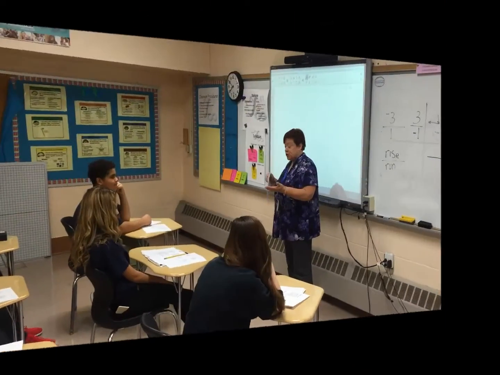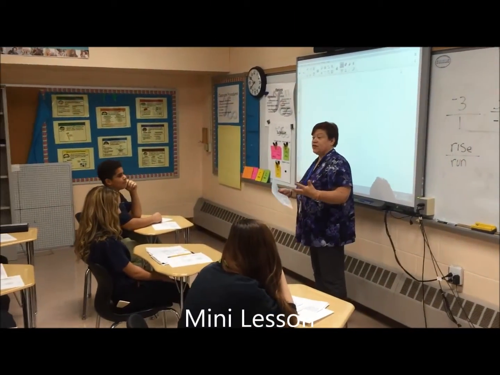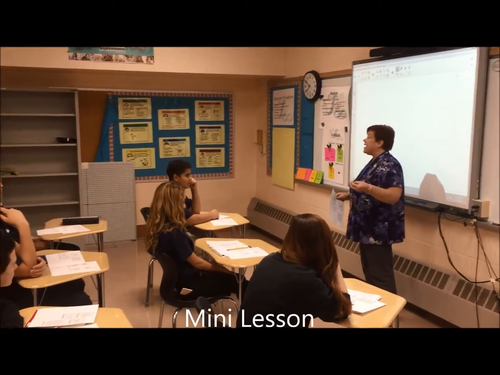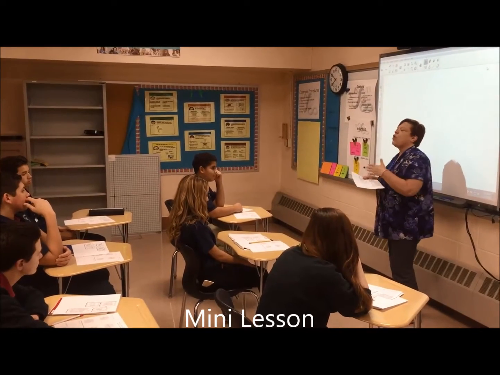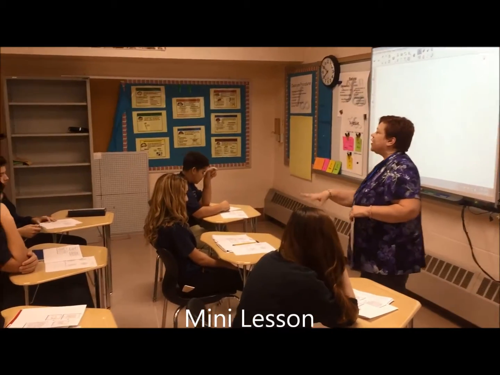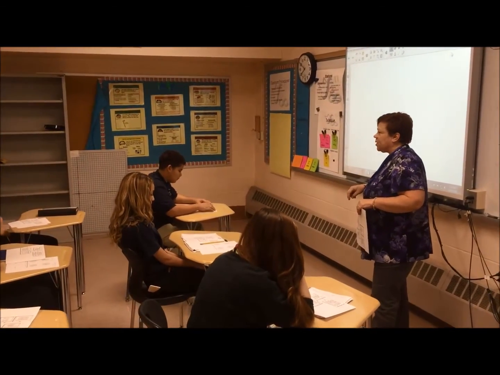We cover slope, parallel, perpendicular, the basics. We need to understand slope, intercept, and writing those equations and lines and what they mean. So we're going to go over a few of the definitions first, and then we're going to talk about how to figure these out on a paper, and you're going to try one of each kind of example.